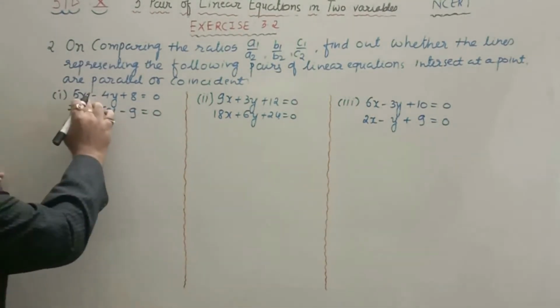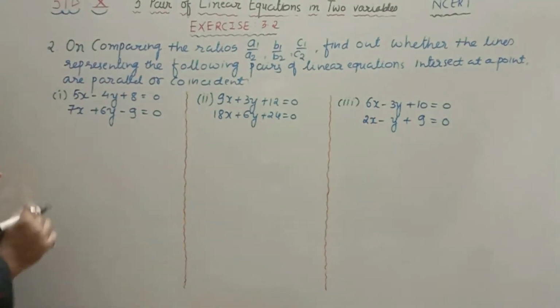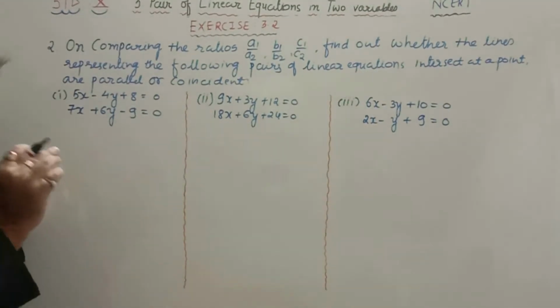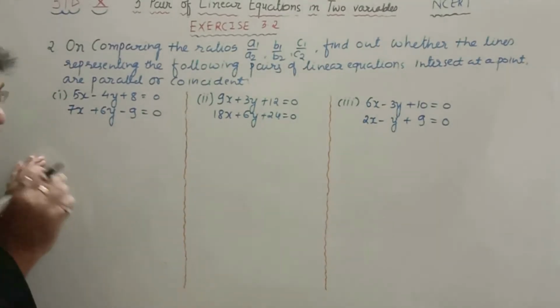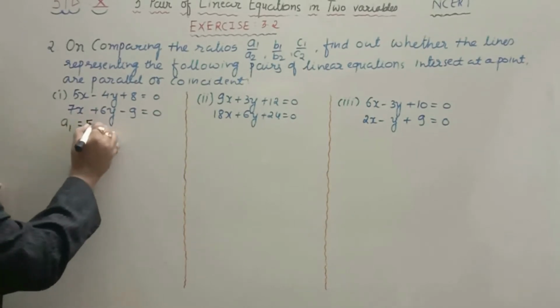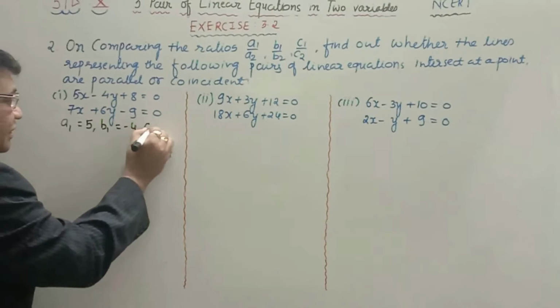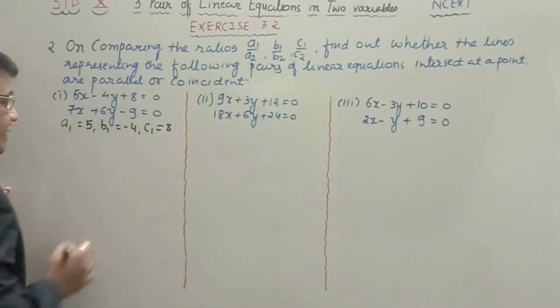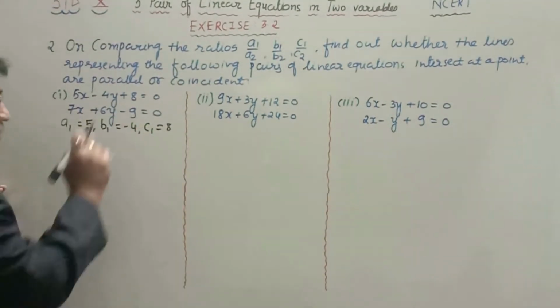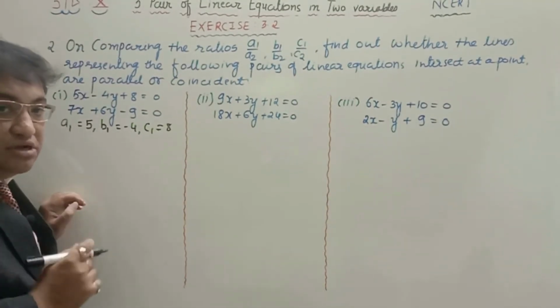तो फर्स्ट इक्वेशन 5x minus 4y plus 8 equals to 0 compare with A1 x plus B1y plus C1 equals to 0. Here we get A1 is equal to 5, B1 is equal to minus 4 and C1 is equal to 8. Second equation compare with A2x plus B2y plus C2 equals to 0.